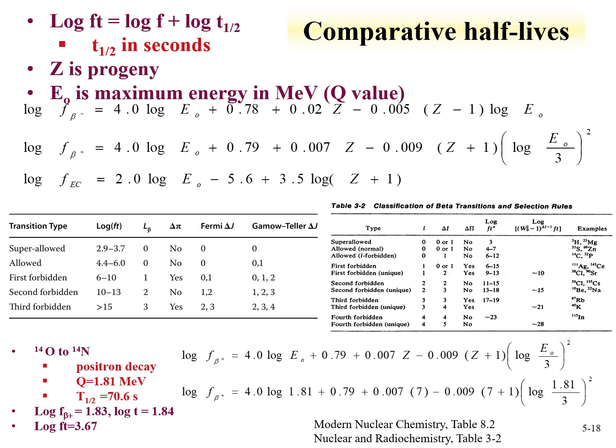Fundamentally, the log FT is equal to log f plus log t 1/2. t 1/2 needs to be in seconds. There are ways of calculating these log f values. We showed an integration on the previous slide.